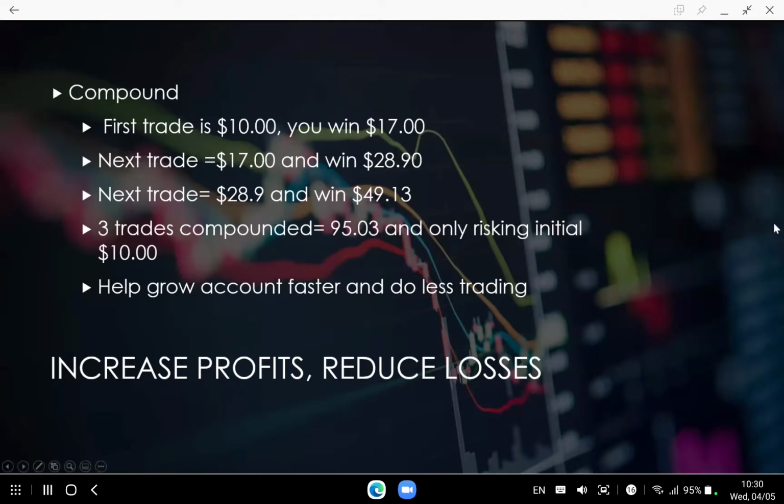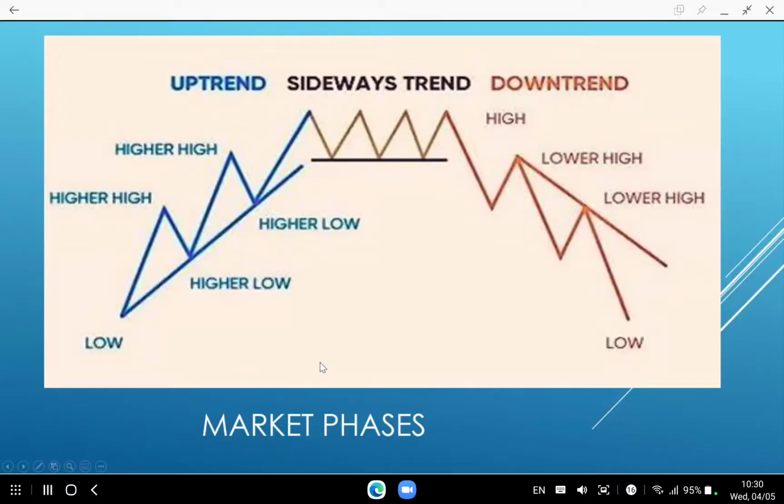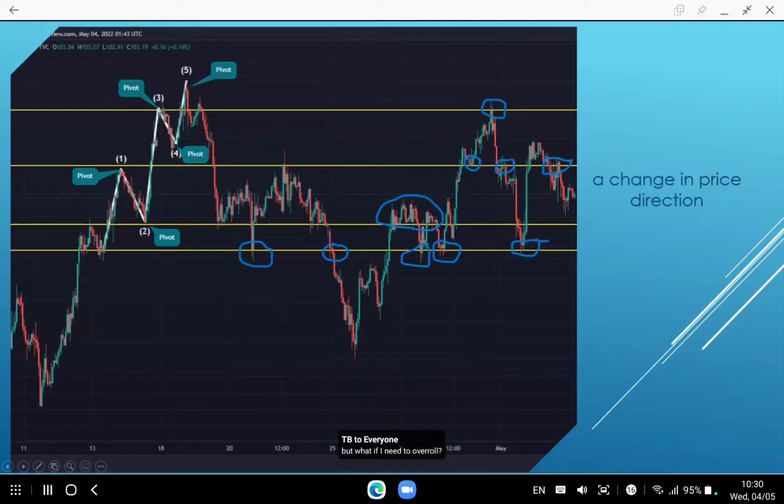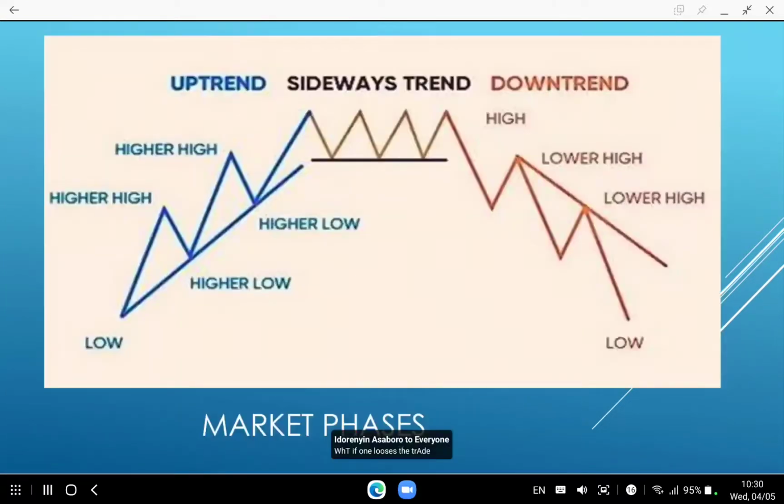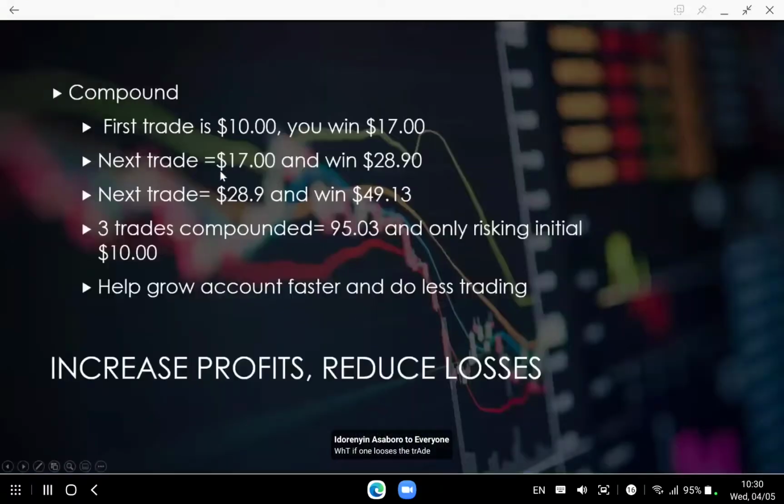Okay, so that's compounding. Now, what if I need to roll over? If you roll over and you win that trade, then you'll have more, so you'll just add that into whatever your goal is. But say you lose.